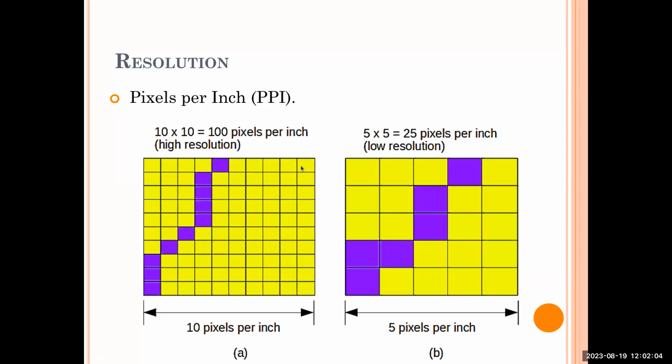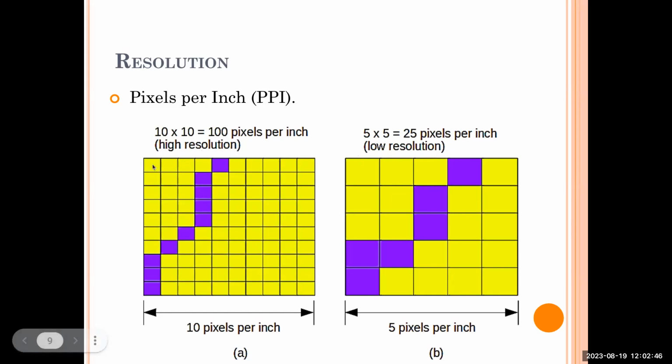This is 10 pixels per inch. Here you can see 5 pixels per inch. If the number of pixels per inch is low, it will be the lowest resolution. If the number of pixels per inch is high, we call it high resolution.